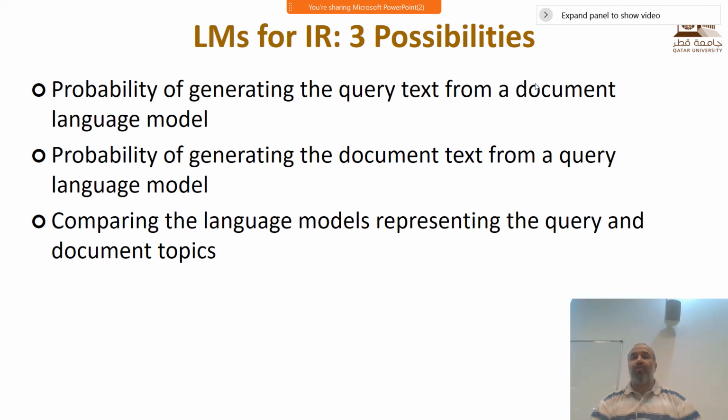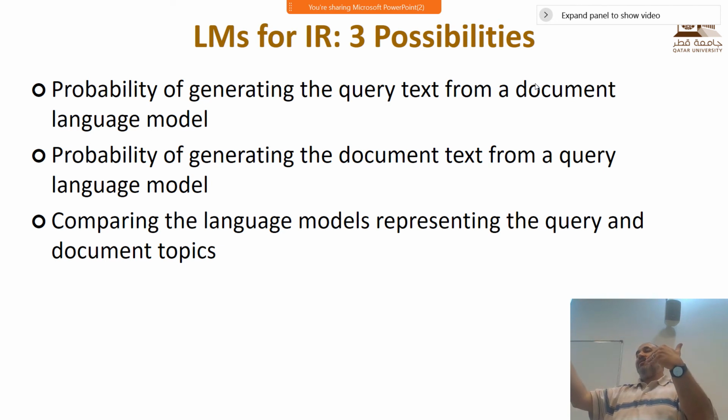And I want also to end with this. For language models in IR, there are three possibilities. We can estimate the probability of generating the query from the document. That's what we studied today. There is also the probability of generating the document based on the model that is estimated from the query. That's the opposite. So we estimated the probability of generating the query from the document.